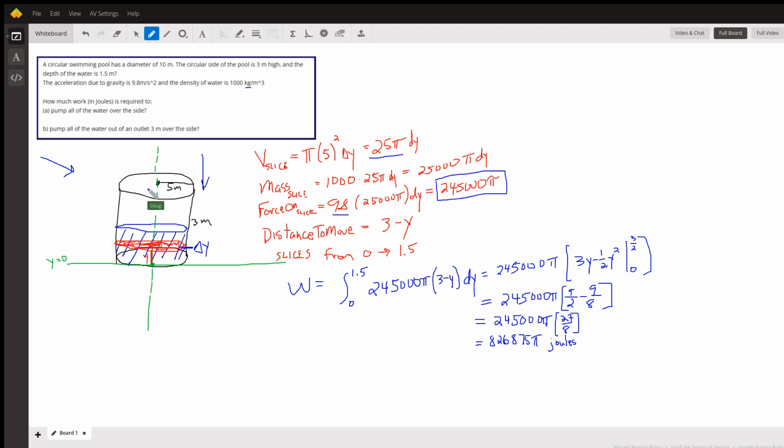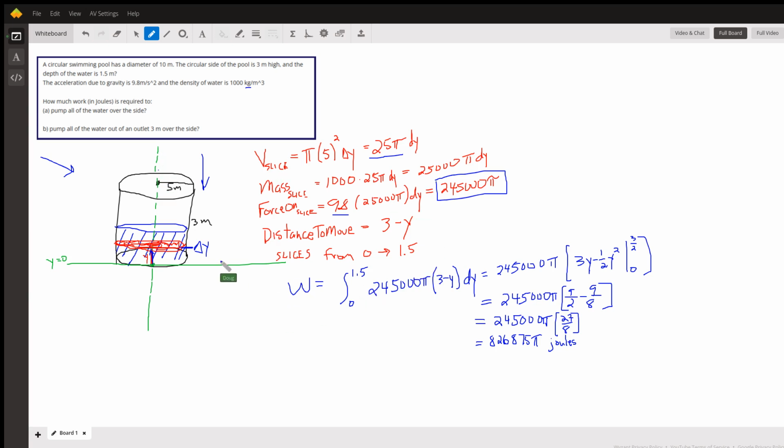force on the slice. And the distance that slice has to move in this coordinate system, this particular slice is y meters above ground level. So the distance that slice has to move is 3 minus y. It doesn't have to move the entire 3 meters.